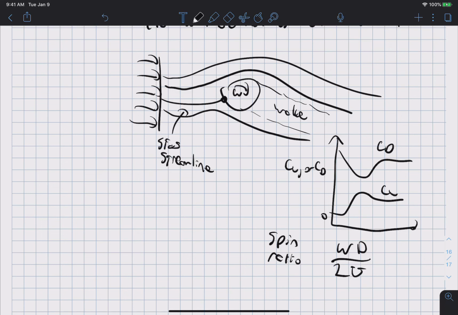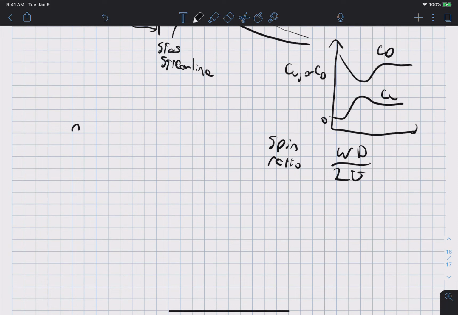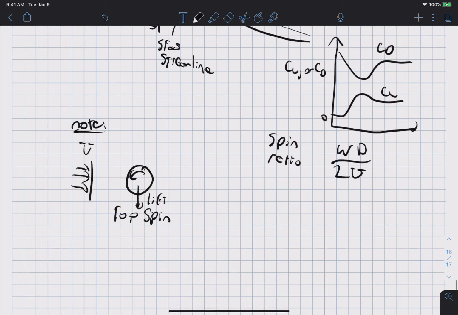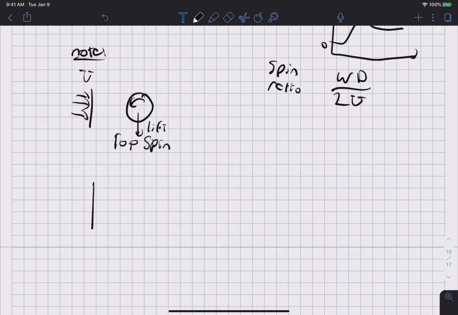And just as a note, if you have the flow velocity going like this and you have top spin, that means the top of the ball or the object is basically rotating into the flow. And the lift is actually down. And if you have backspin, it's the exact opposite.